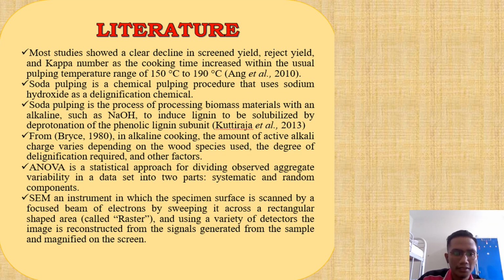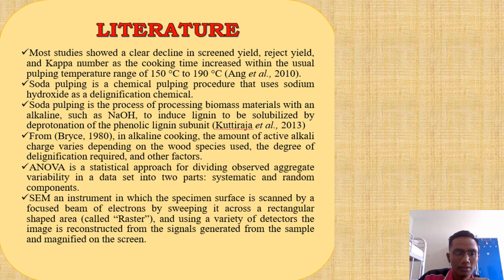Meanwhile, from Bryce 1980, in alkaline cooking, the amount of active alkali charge varies depending on the wood species used, the degree of delignification required, and other factors. ANOVA is a statistical approach for dividing observed aggregate variability in a data set into two parts, systematic and random components.